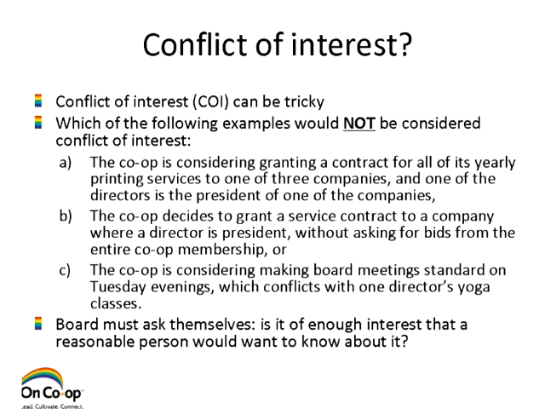And conflict of interest from a legal perspective usually means that there's money involved, or that it's an opportunity that isn't available to everybody. So you're providing preferential treatment to one member or director of the cooperative at the expense of others, or there's going to be financial benefit involved.